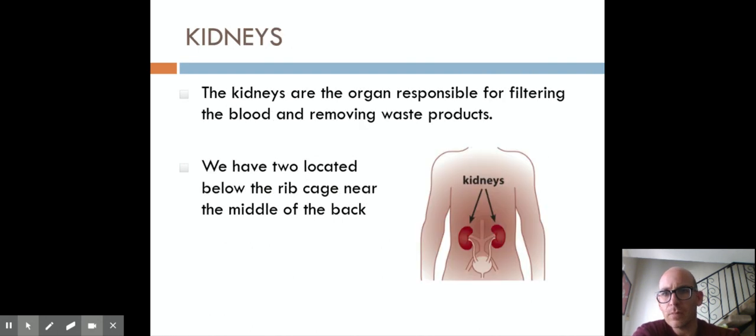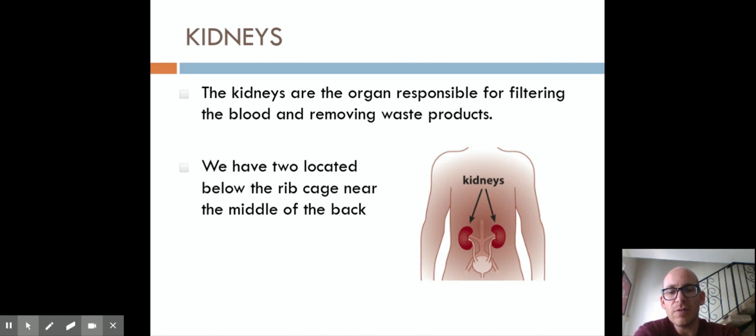Okay, so as I just alluded to, the kidneys are the primary organ responsible for this. Basically, the kidneys are the filter. Your blood runs through your kidneys, and that's constantly happening. The kidneys have a way of removing waste products, which we'll get to in a second.